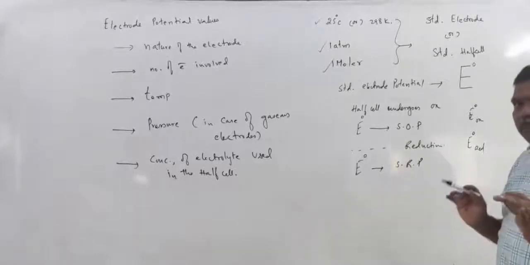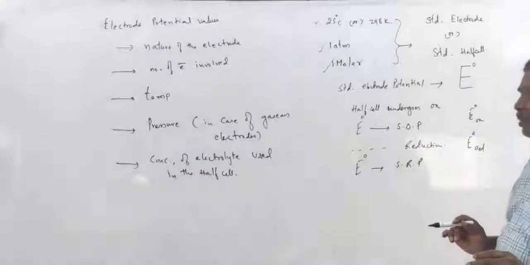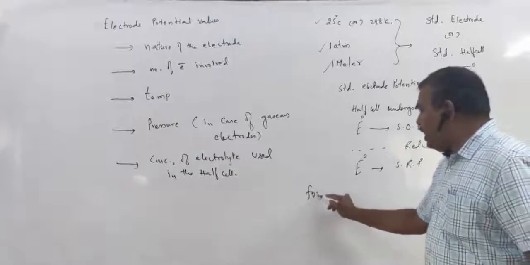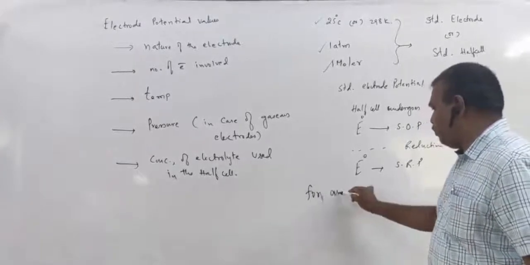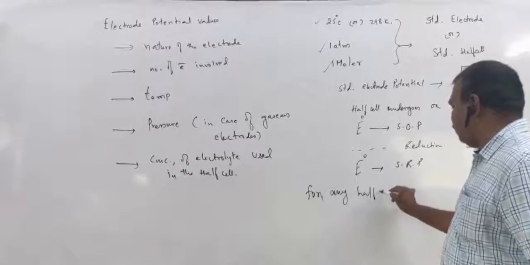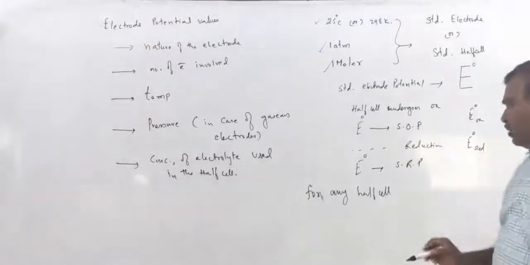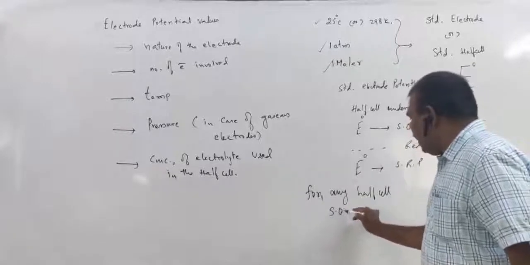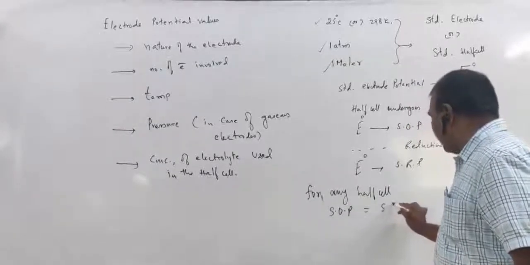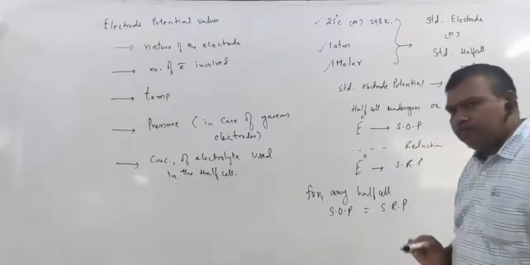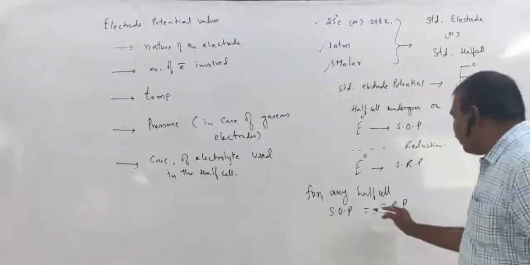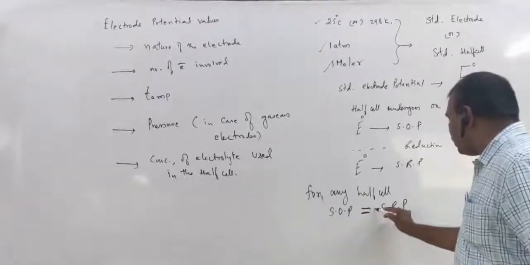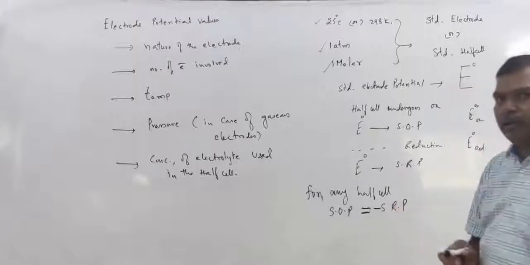Now, a very important relation between SOP and SRP. For any half cell, SOP and SRP are the same in magnitude. The only difference is, if SOP is positive, SRP is negative.